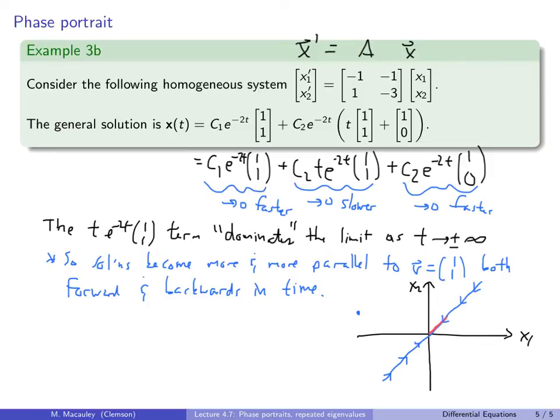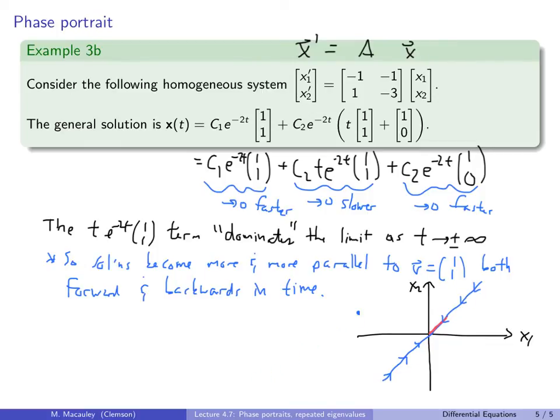And as we go backwards in time, the solution becomes more and more parallel as well. It's not a proof, but it's believable that something like this has that property that forward in time it never quite hits the origin, but it limits toward it. Forward in time, this curve becomes more and more parallel to this x equals y line, and backwards in time it becomes parallel as well.